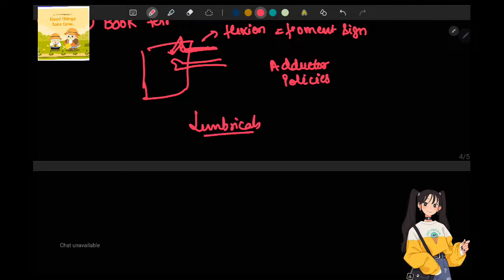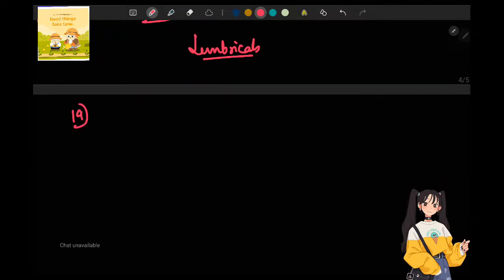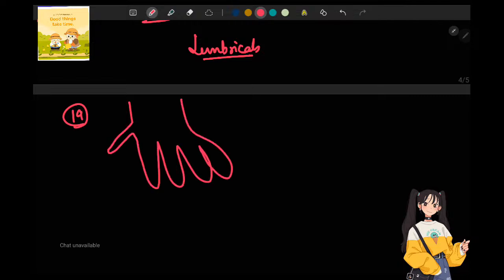And this is basically for ulnar nerve. Then we have Wartenberg sign.